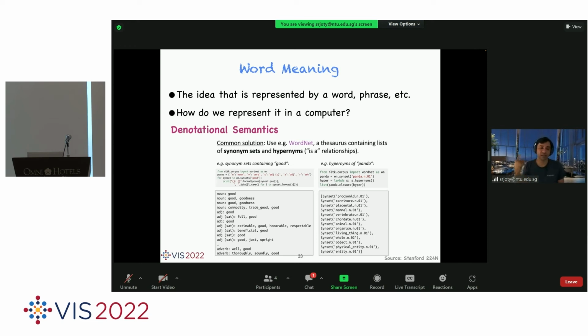Yeah, so that used to be the traditional approach. For example, for the word good, to represent its meaning, you'll be representing it with other similar words like goodness, beneficial, honorable, respectable, and so on. Okay. And also maybe other related words like hypernyms and so on.